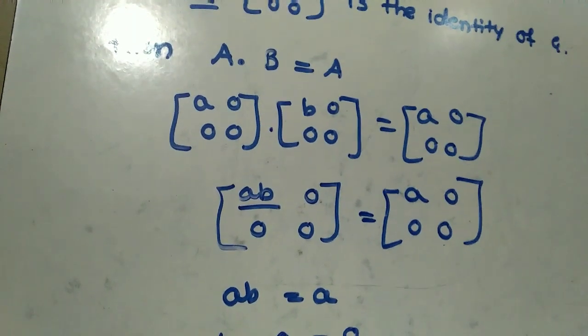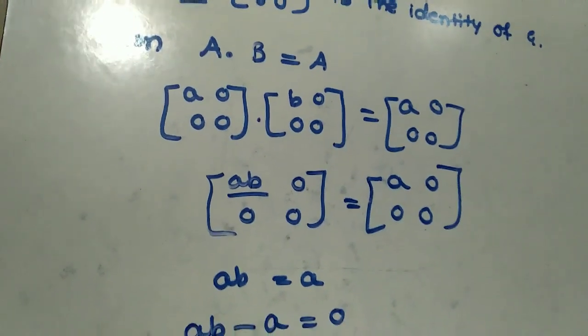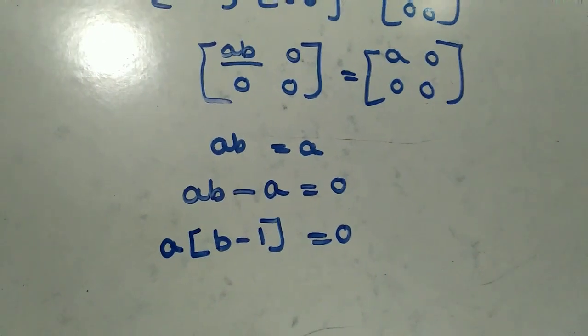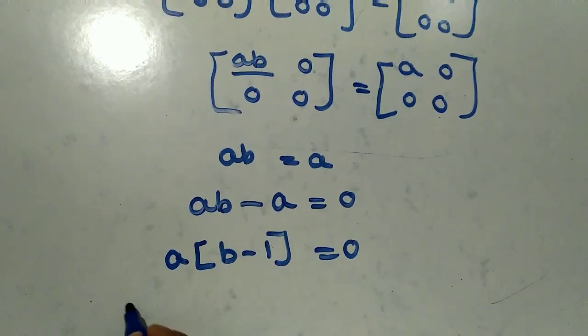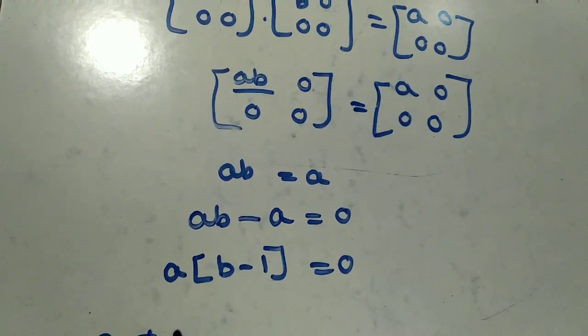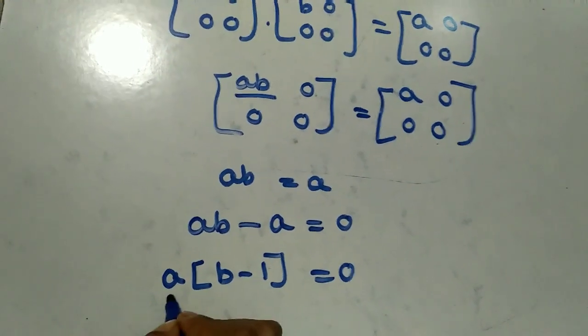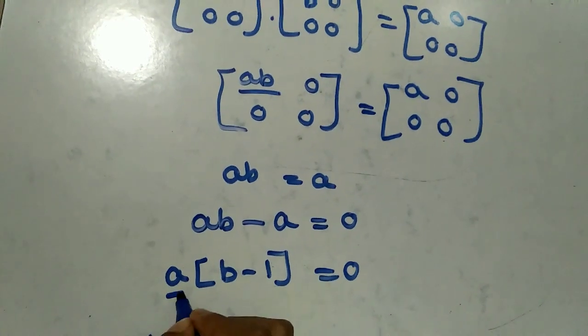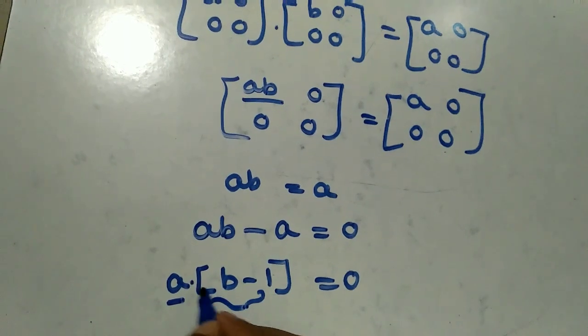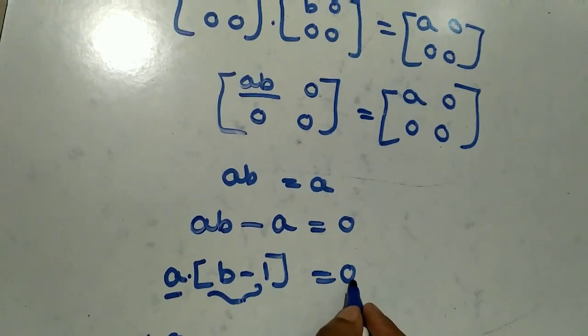So A(B minus 1) is equal to 0. And we already know, in the definition they told A is not equal to 0. Just look at here. This is the A and this is B minus 1. The product of A and B minus 1 gives me 0.